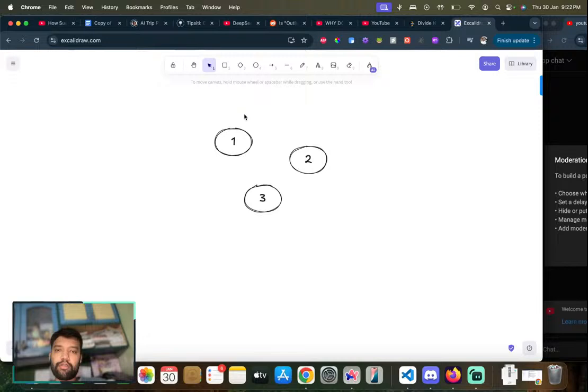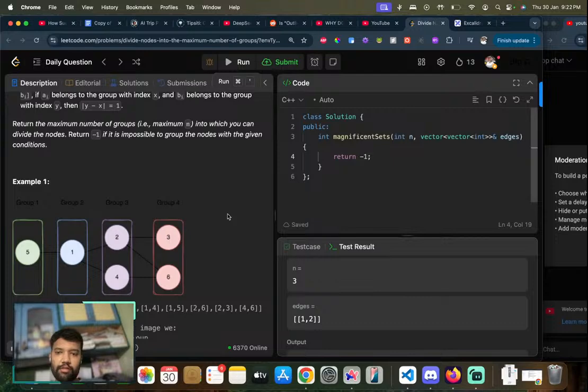If there's only 1, 2, then one will belong to one group, this will belong to another group, and this will belong to another group. Okay, 3 groups.